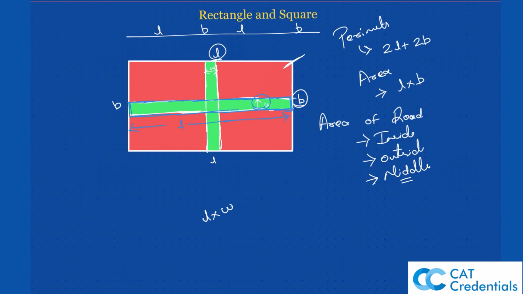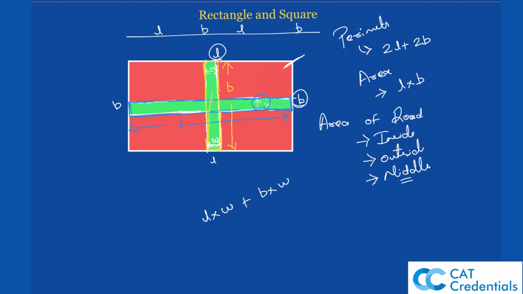Now if I similarly take one more rectangle, this yellow one, this is again a road. The two roads in the form of a plus are nothing but two rectangles. If I ask you the area of this, you will say this is B and this part is W, so B into W will be the area of this road, which is quite simple.